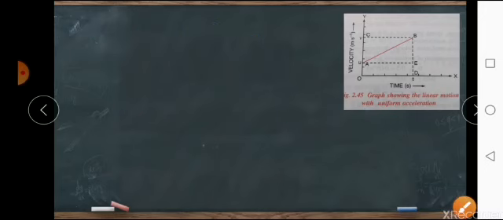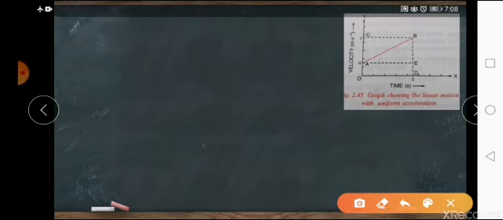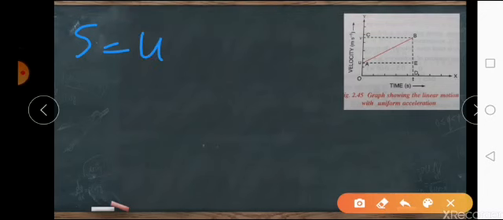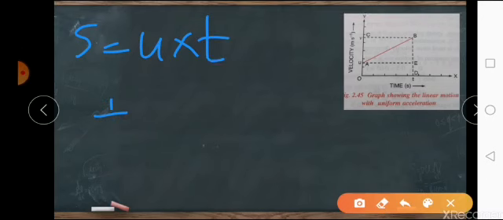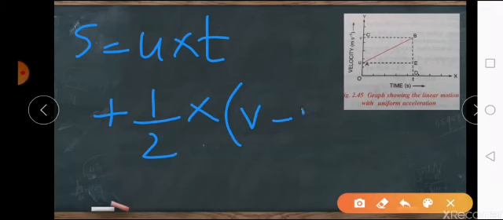When you are going to replace it, just see the graph carefully. That is, S is equal to, instead of OA, you have initial velocity U, then OD is time T. This is the area of the rectangle. Plus, when you come to the area of the triangle, half into, instead of BE, it will be V minus U, which we have already explained how you got.